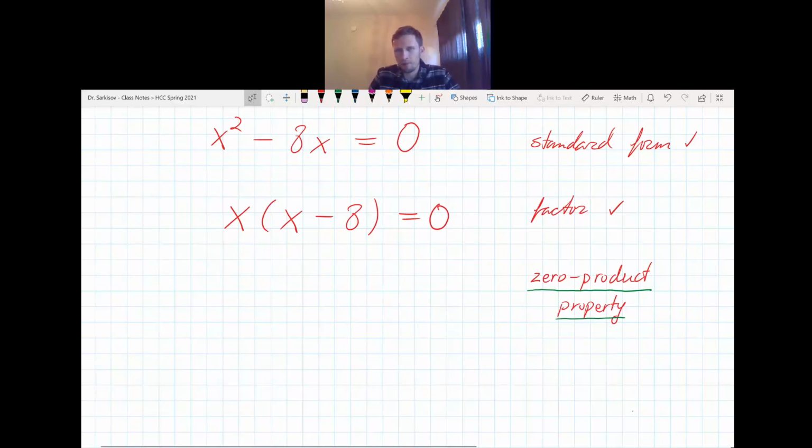Take any numbers, any quantities, anything. For example, let's call it A times B. Whatever this is, put in parentheses if you like, multiplying them. Now let's say we have equals 0.